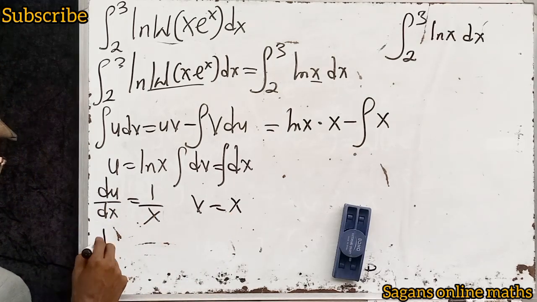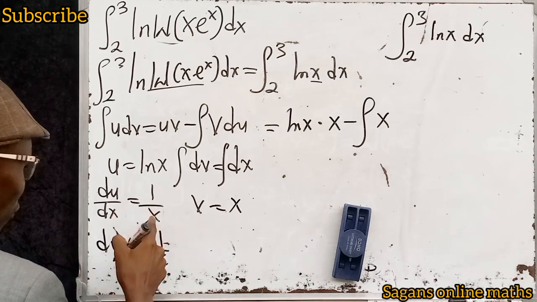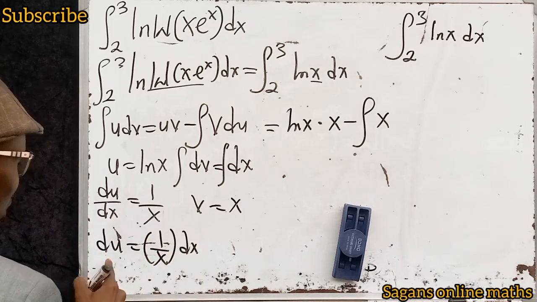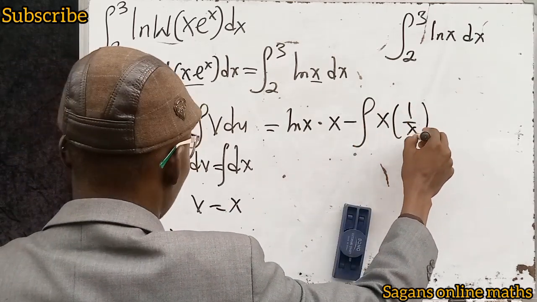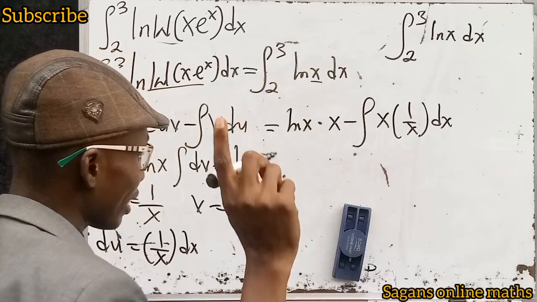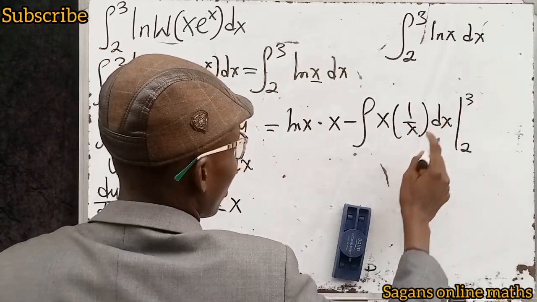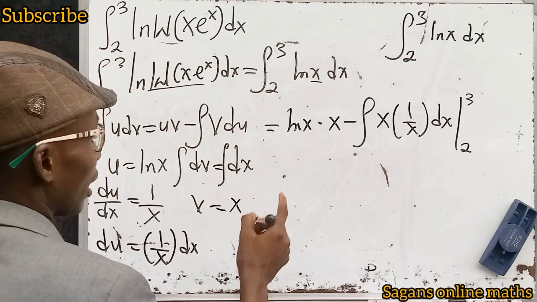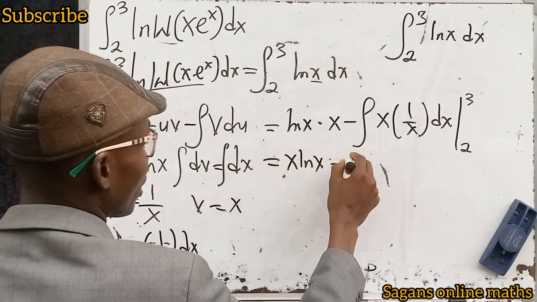Let's make du the subject. That means du is equals to 1 over x multiplied by dx. And don't forget that our boundary is from 2 to 3. Now, ln x times x is going to give you x ln x minus the integral.